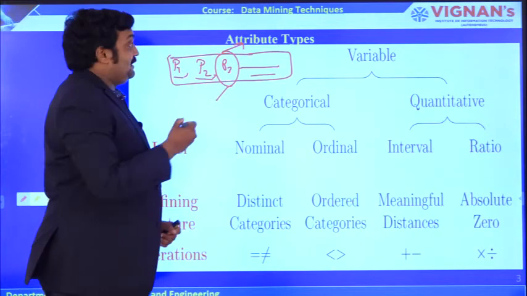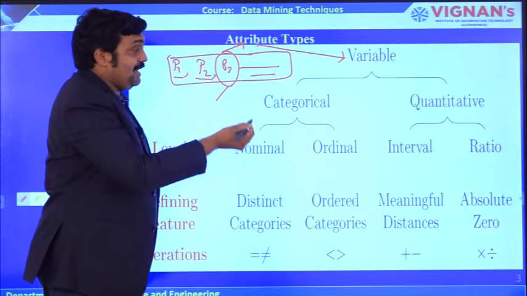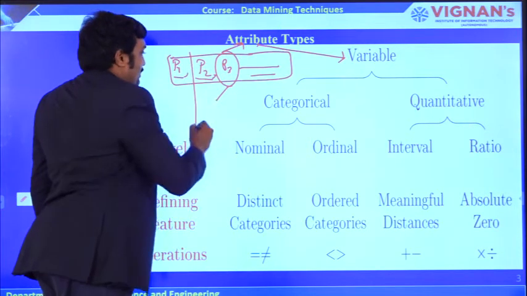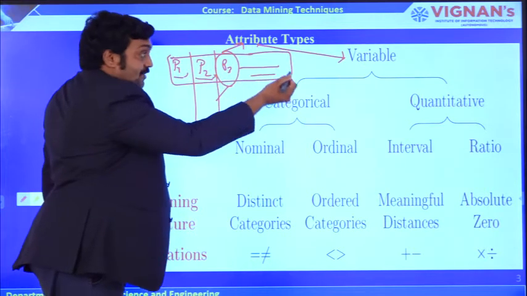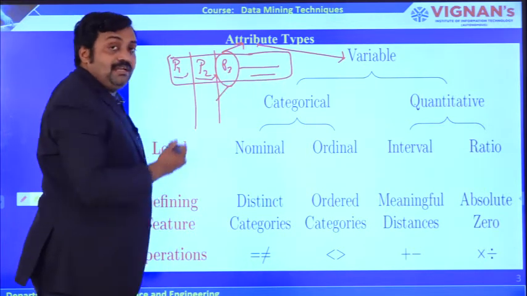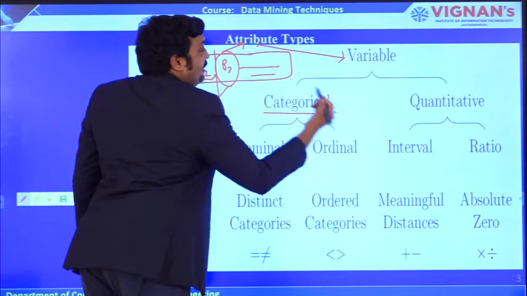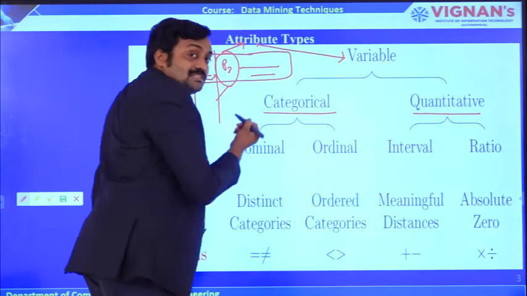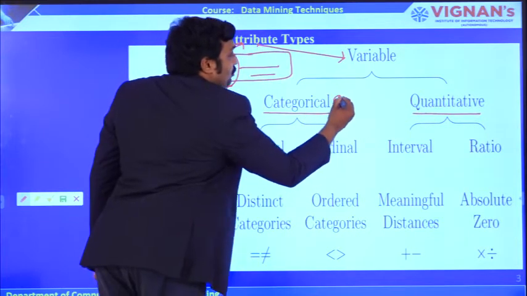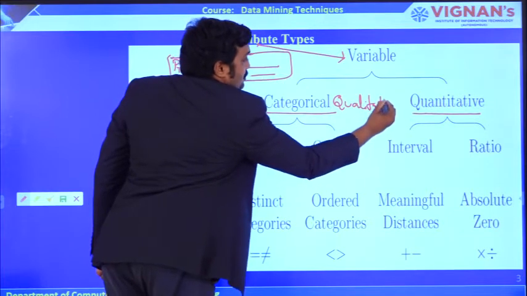Basically, the attributes are variables. That means a variable is a part of the data set only. That is attribute, we can also name it as a variable. So, the variables or attributes can be classified majorly into two things: categorical attributes, quantitative. The categorical attributes can also be called qualitative attributes.